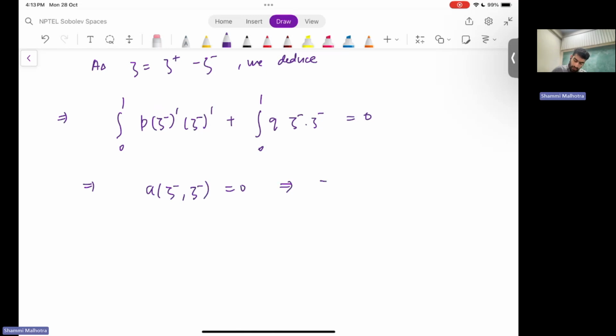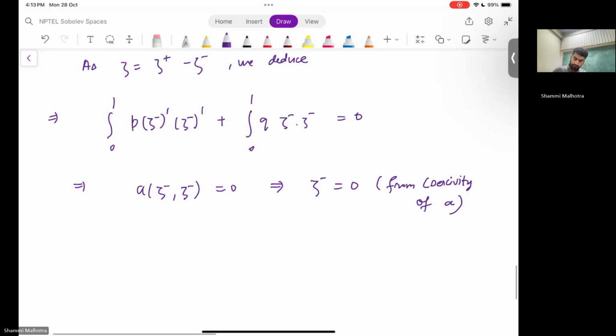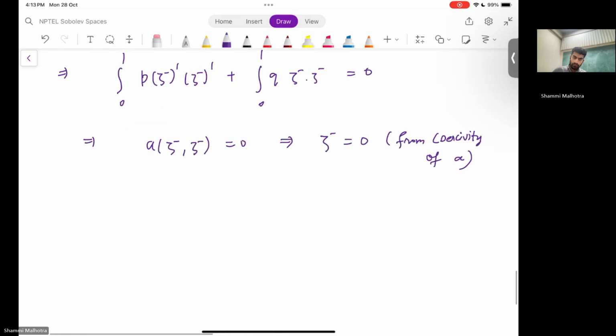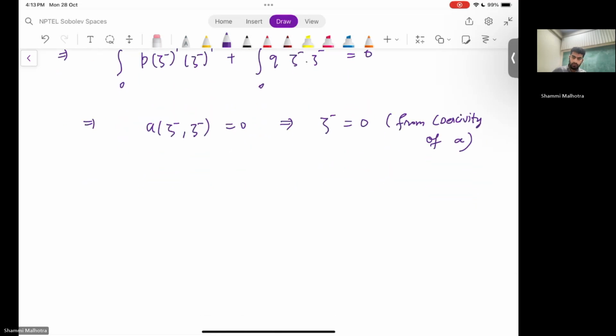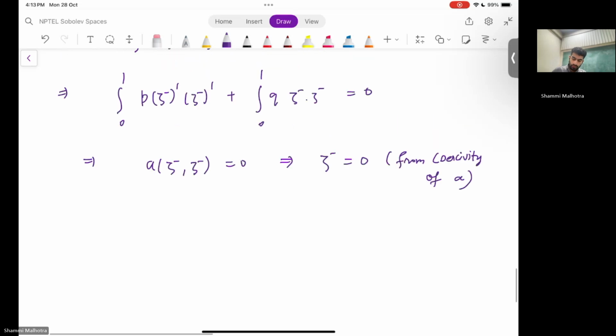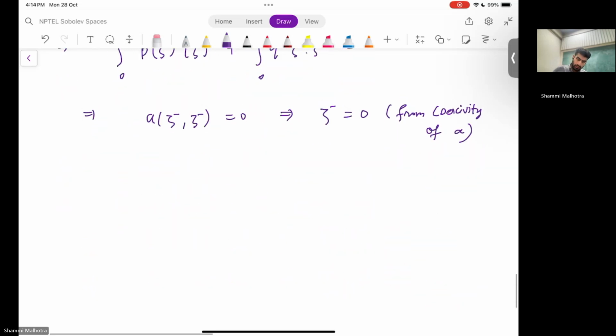But what does this imply? This implies zeta minus has to be equal to 0 from coercivity. And thus, if zeta is a solution, this implies zeta has to be non-negative on the open interval (0, 1).